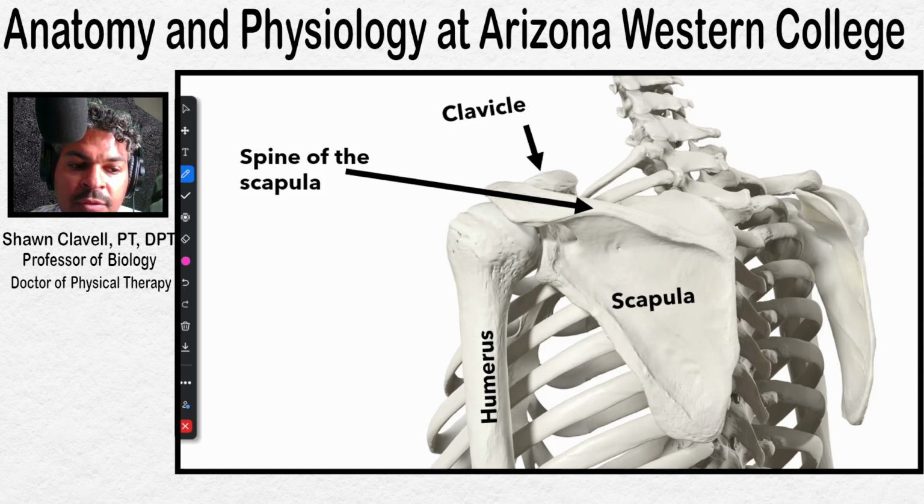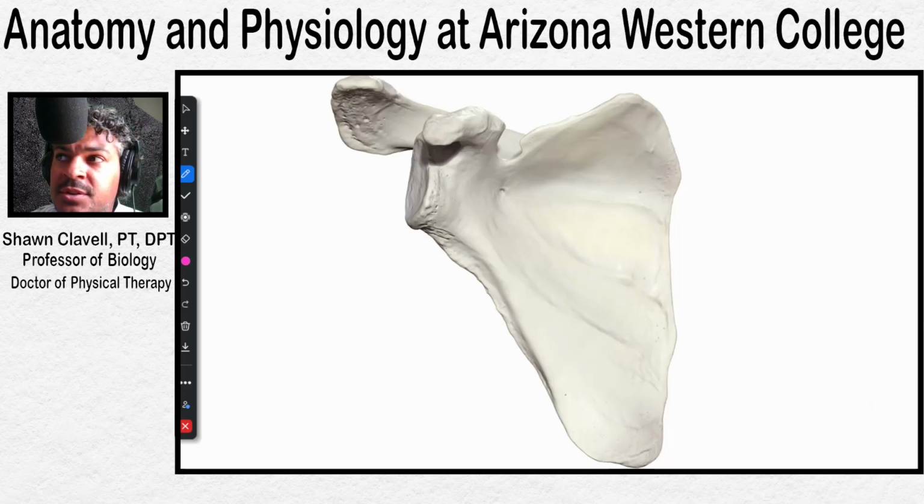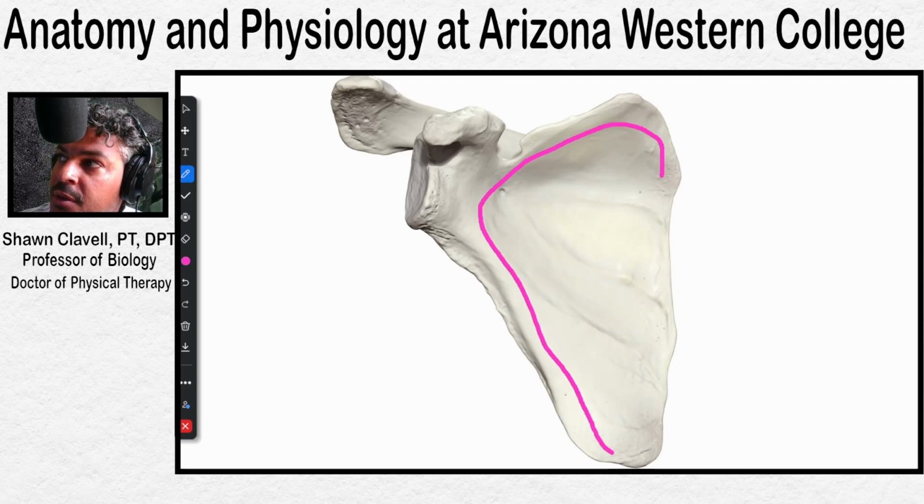Now, from the anterior direction here, we'll start by looking at the shoulder from the anterior. So this is the portion that's up against the thorax, and there's some muscles that sit in between the rib area. But let's first identify this first big major portion here, and this is called the subscapular fossa.